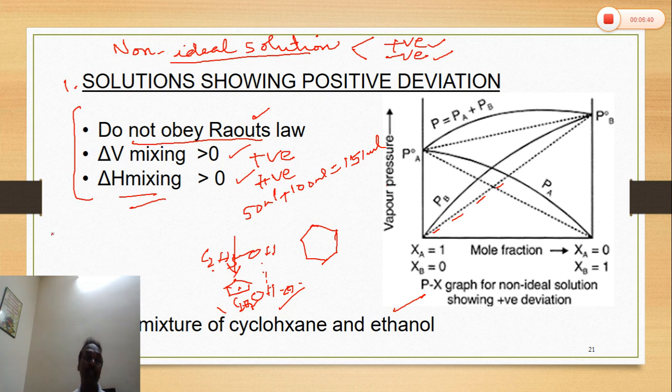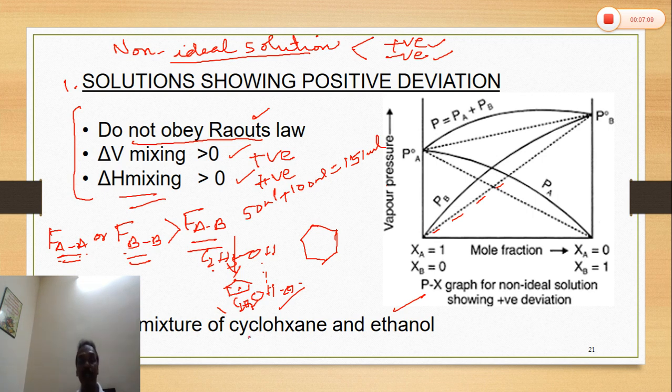And here, the force of attraction between AA or the force of attraction between BB will be greater than the AB force of attraction. That is, solute to solute interaction or solvent to solvent interaction will be greater than solute and solvent interaction.